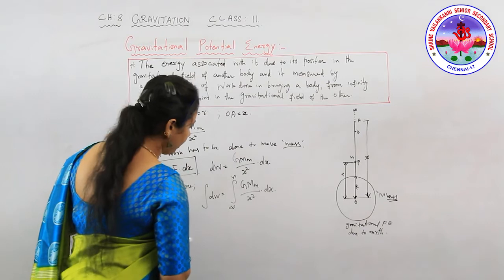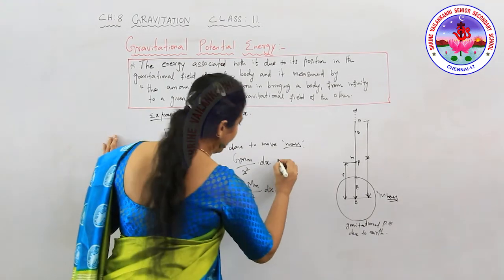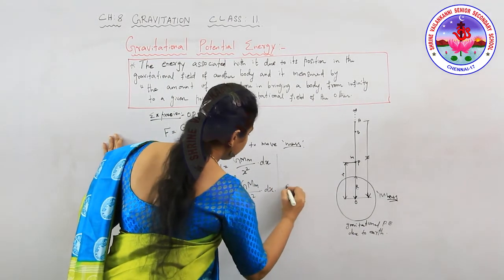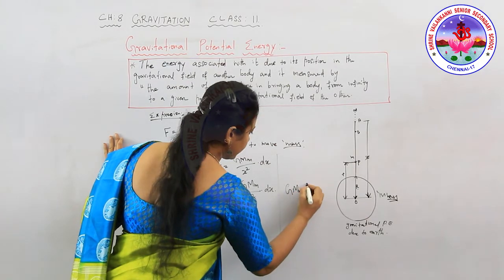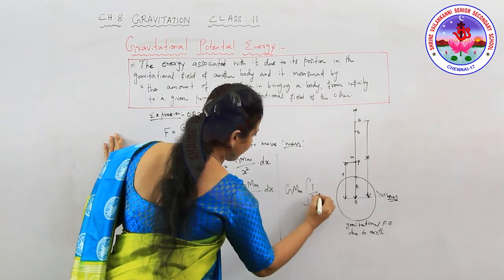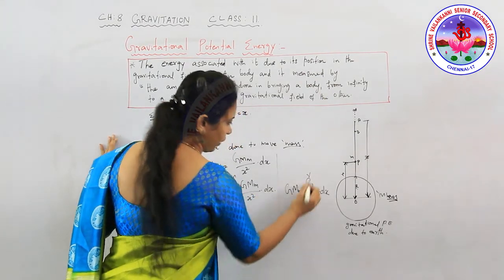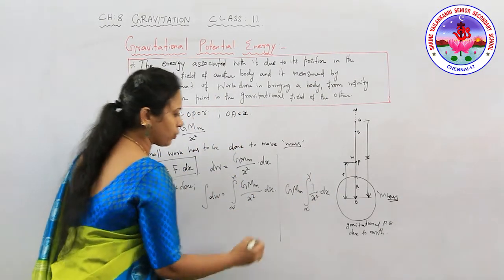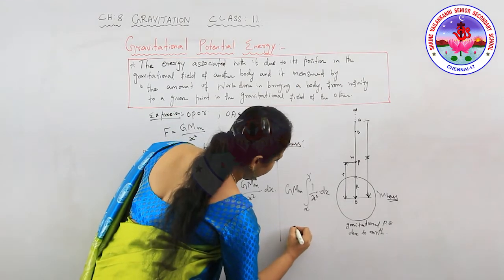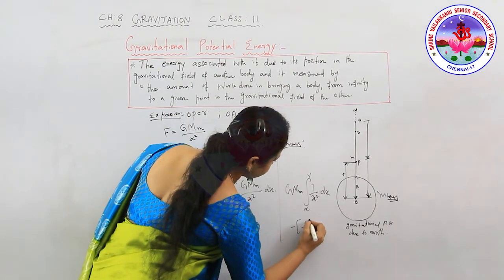We can take the value G Mm out. So 1 by x square into dx. The base formula for integration of 1 by x square is equal to minus 1 by x.